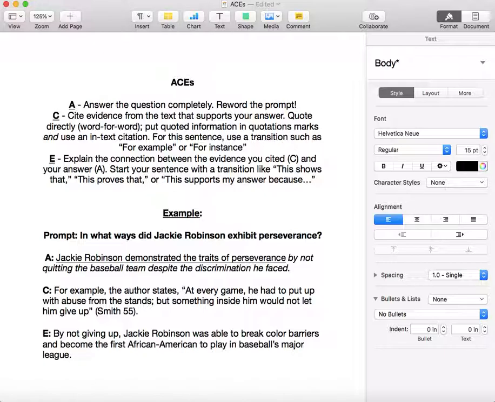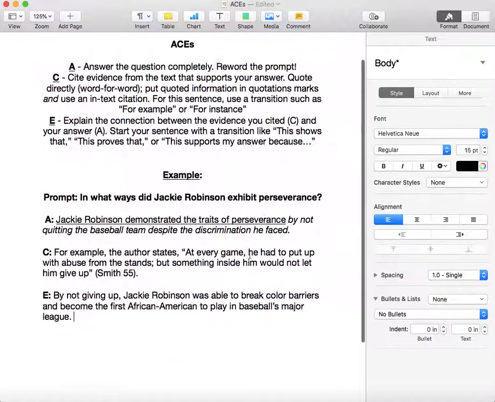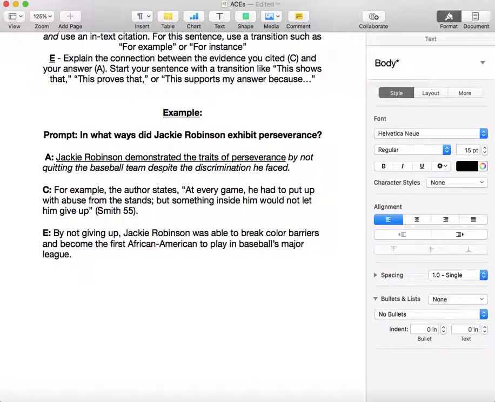Now this is a fairly short paragraph, with only 3 sentences. What I'd like to see is a couple more citations, or at least one more citation, and one more explanation.